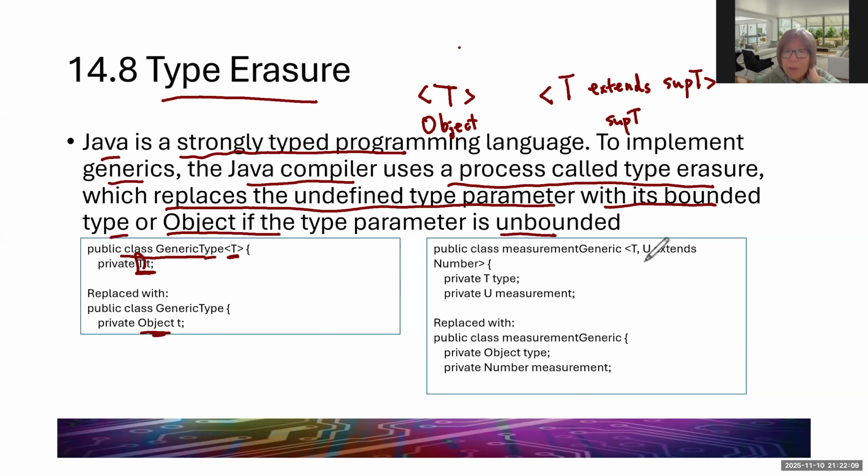Another example over here, we have a bounded type and we also have an unbounded type T. When the compiler does the compiling, it will use type erasure to replace T with Object, and U extends Number will be replaced with just that super type, Number, in this case.